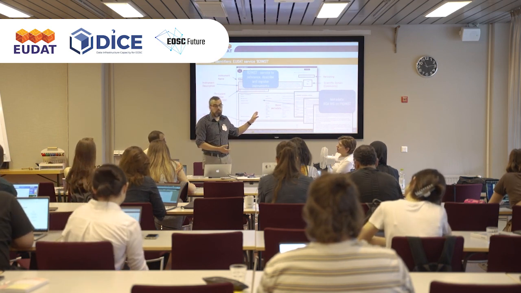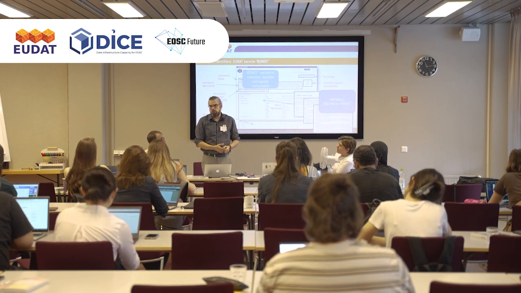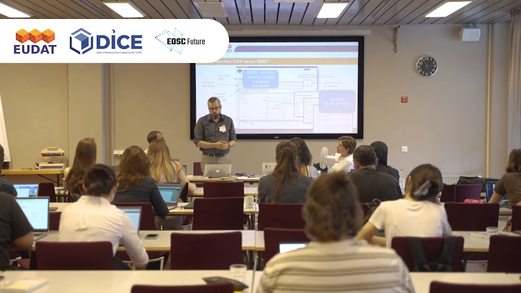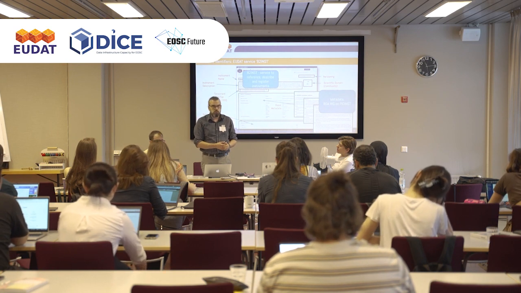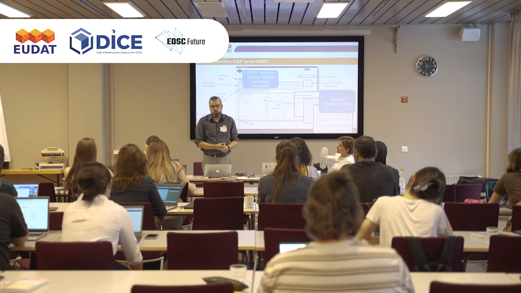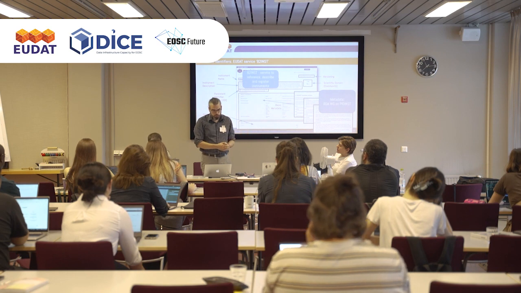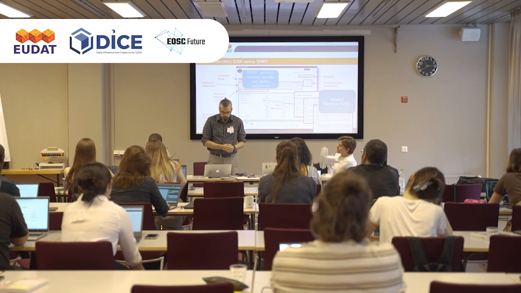So in the RDA, the Research Data Alliance, a small working group created a dedicated schema which can be used to describe instruments, and EUDAT just took this result of the discussion of experts, and this is what is provided by the service.